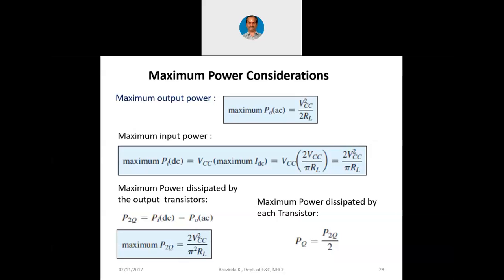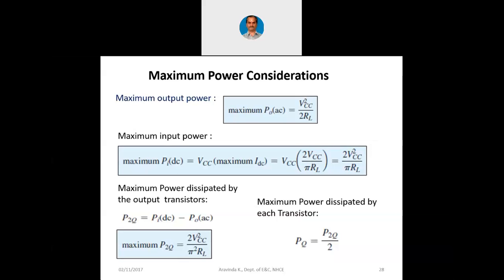Where do we use these push-pull amplifiers? In general wherever there is a pumping of current into the load where the shape of the waveform is not really very important. That is when we don't want to waste power in the case of audio amplification. For example, class A need not be used for a siren of an ambulance. Class B itself can be used where the signal shape is not really very important. Its output sound is important. In many such applications, even though it is an audio application, it is not a speech amplifier.